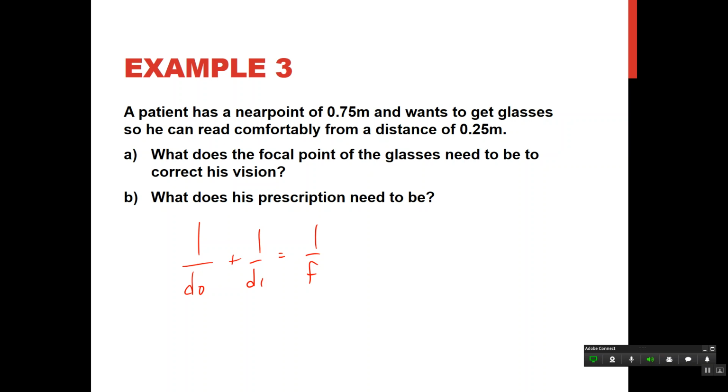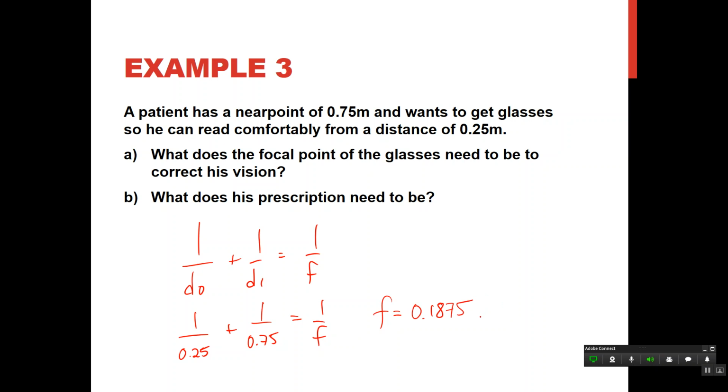In this case, my distance of the object is going to be 0.25. I want my image distance to be 0.75. If I want my image to be at 0.75, what's going to be my focal length? And what's the units here?